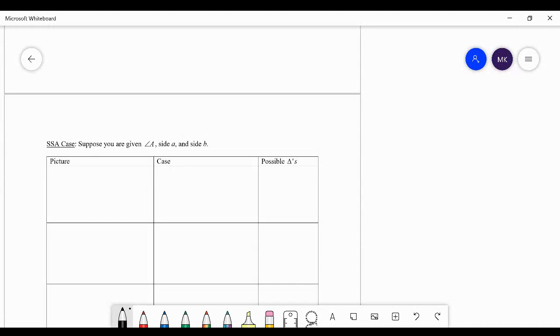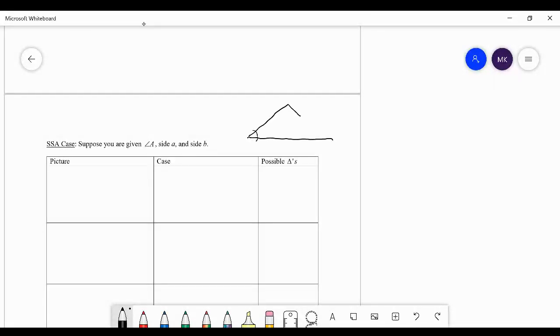So what we're given is we're given angle A, and side B. Okay, it doesn't really matter which kind of way they go, but the way I'm going to draw it just to kind of keep ourselves sane is like this.